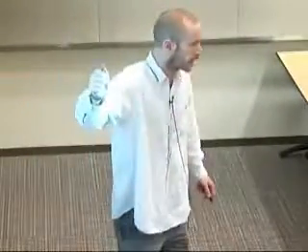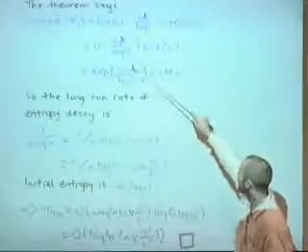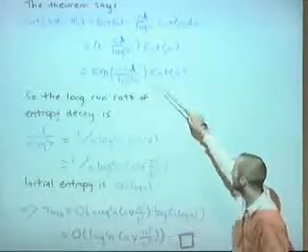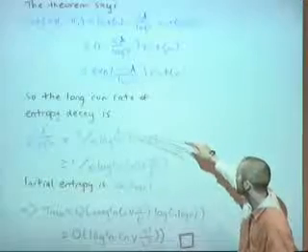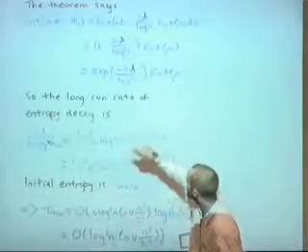But remember, this is the decay in entropy after little t steps. To get the rate of decay of entropy per step, we have to divide this by t. So now I'm plugging in the value of lambda, and over here I'm just dividing by t.